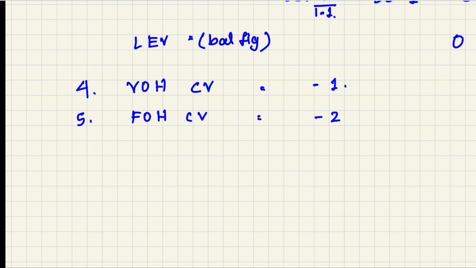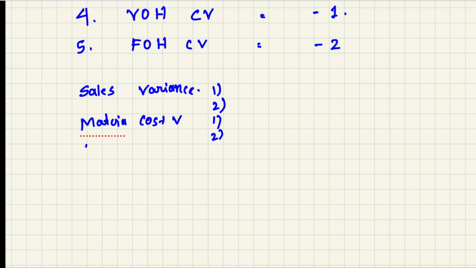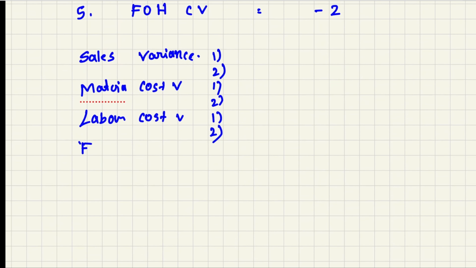Now let us see the net variances. How to see the net variance? Let us start with sales variance. You have 2 in the sales variance, material cost variance, again here you have 2, then labor cost variance, here also you have 2, then variable overhead cost variance you have 1, then fixed overhead cost variance you have 1.